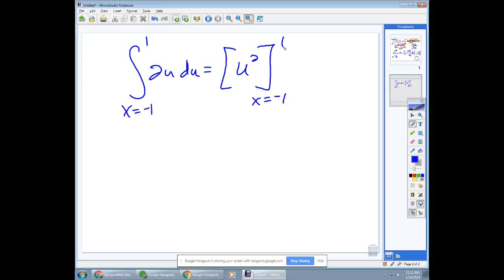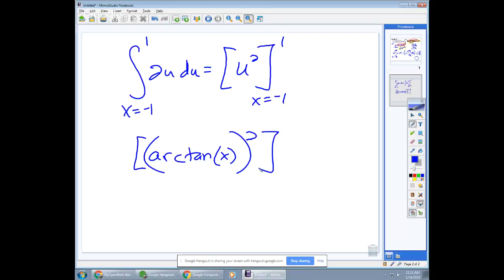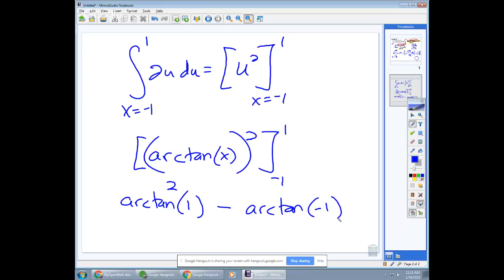So now I have the arctan of x squared, and now I can plug in my negative 1 and 1. So what is the arctan of 1 squared minus the arctan of negative 1 squared?